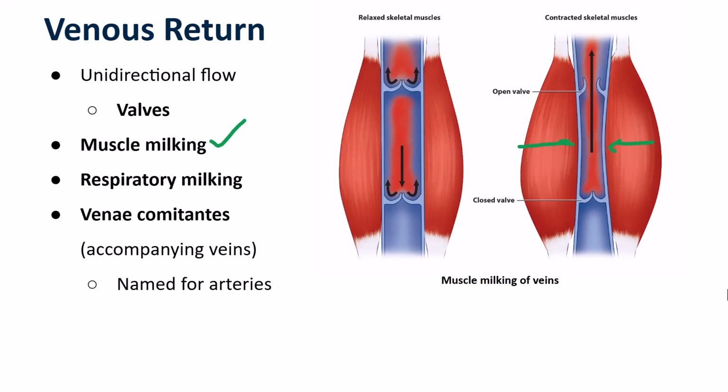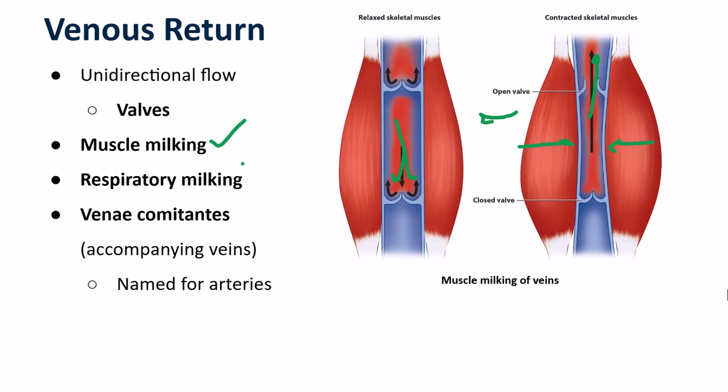And these adjacent skeletal muscles will squish the venous blood in one compartment, sending it through to the next compartment. And when the muscles relax, that blood cannot move backwards. So through the muscles squishing the veins, we have a means of advancing blood.